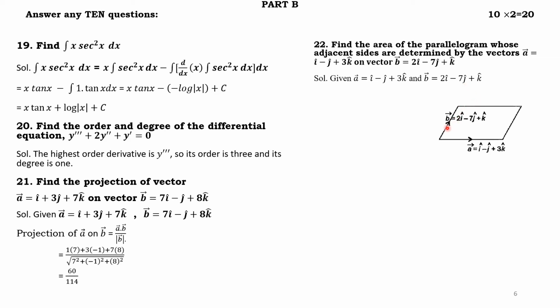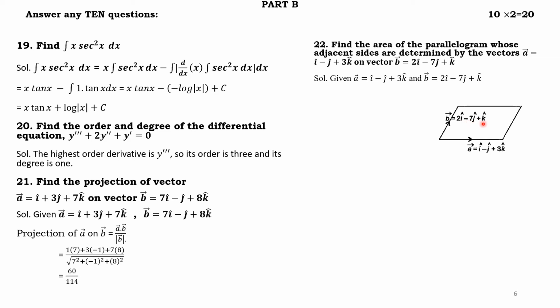Please see the diagram here. A is one side of the parallelogram, given by the vector A equal to unit vector i minus unit vector j plus 3 times unit vector k, and side B is 2i minus 7j plus k.